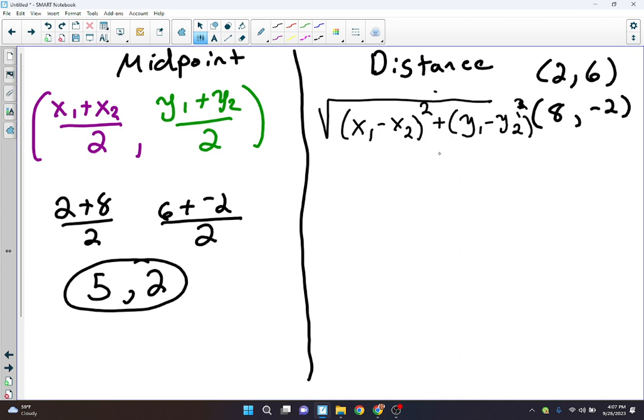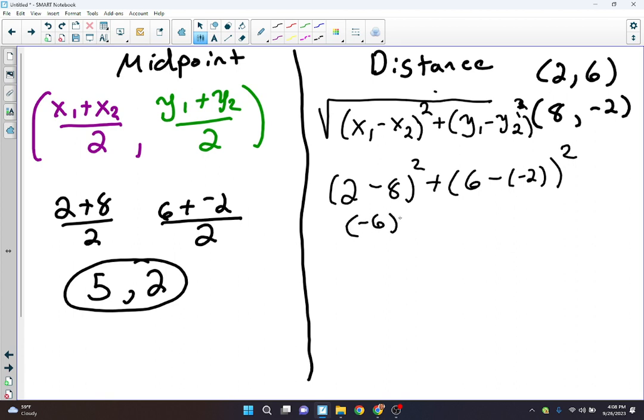So it's x1, 2, minus x2, 8, squared, plus y1, 6, minus y2, which is -2, all squared. 2 minus 8 is -6, squared. 6 plus 2, because of the double negative, is 8, squared.